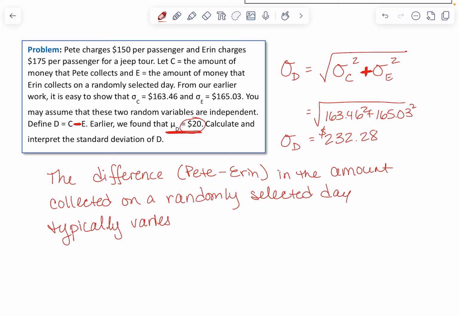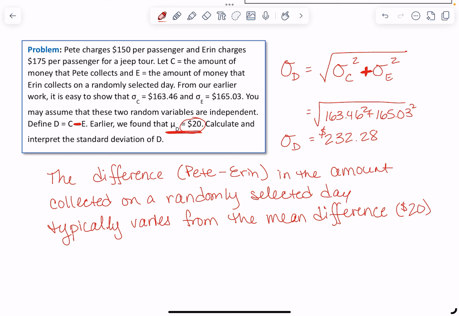You can say typically varies or the average distance, whatever, that's fine. So it typically varies from the mean. Well, correction, from the mean difference. We've got to be more specific. My C looks like an E. Mean difference, which was $20 because they said so in the problem.